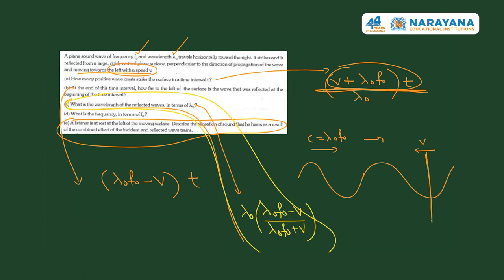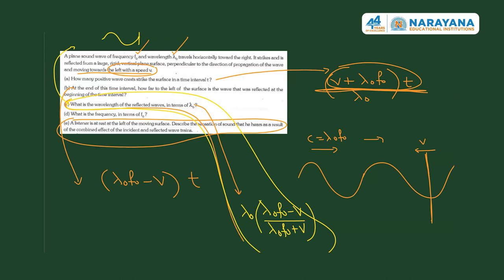One more way of looking into the wavelength of the reflected wave is to look into the kinematics of the problem. Let's say t is equal to 0, the starting of that pulse which was moving rightwards. The first way of observing the answer, through the apparent frequency term, is clear to all of you.